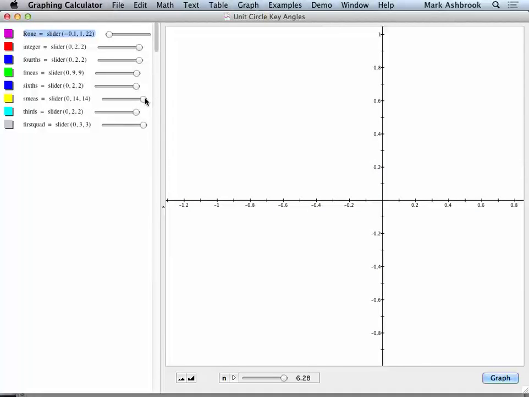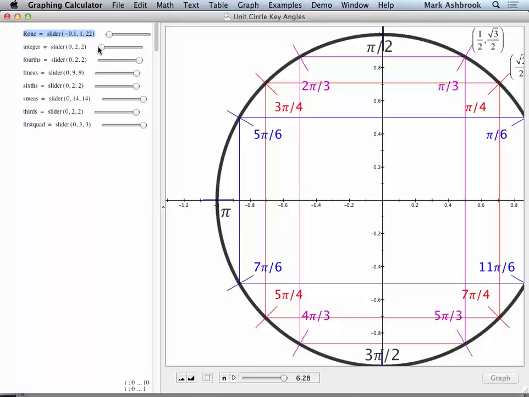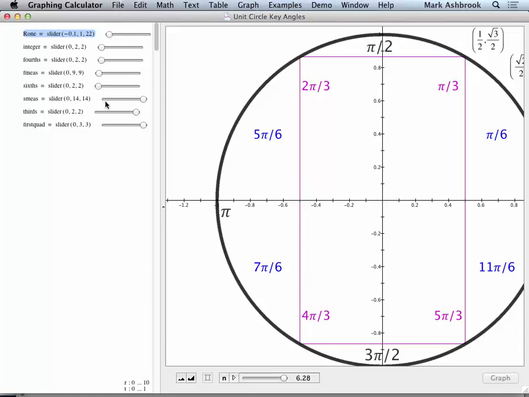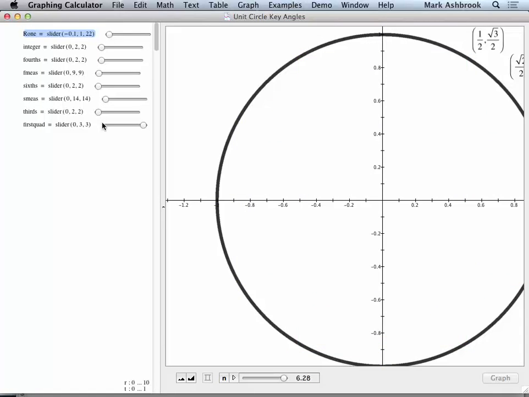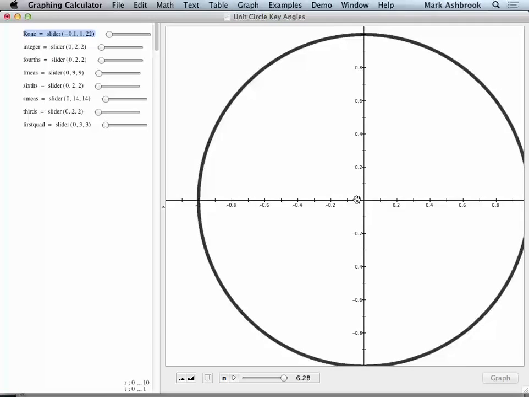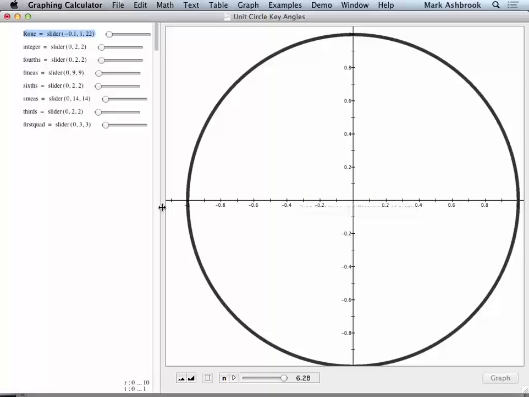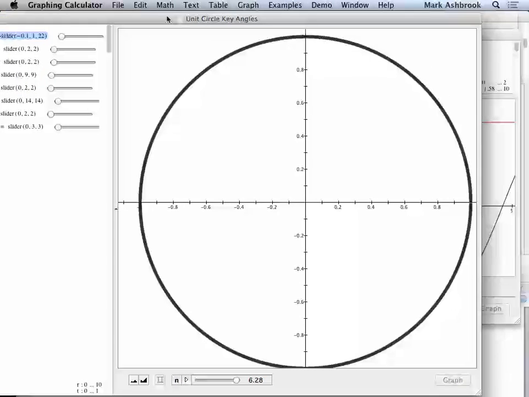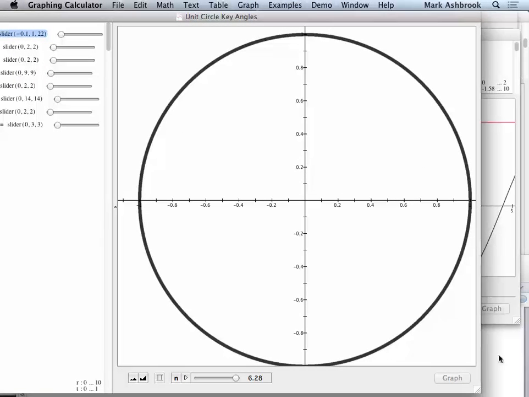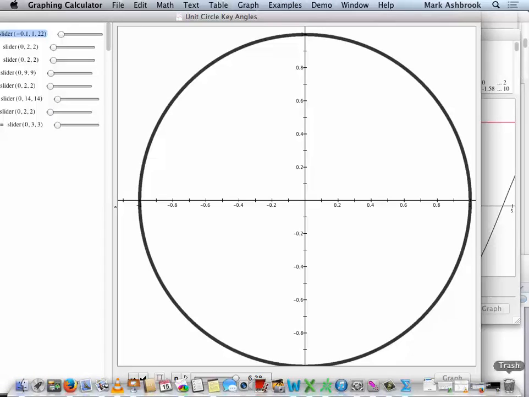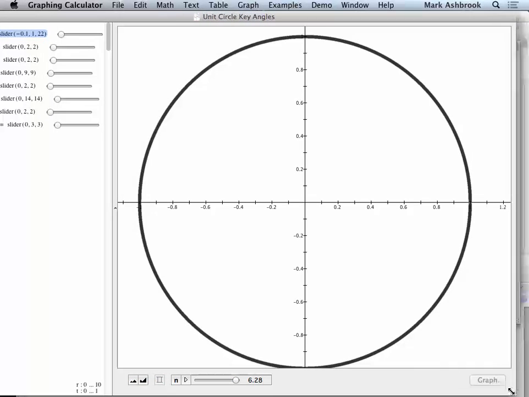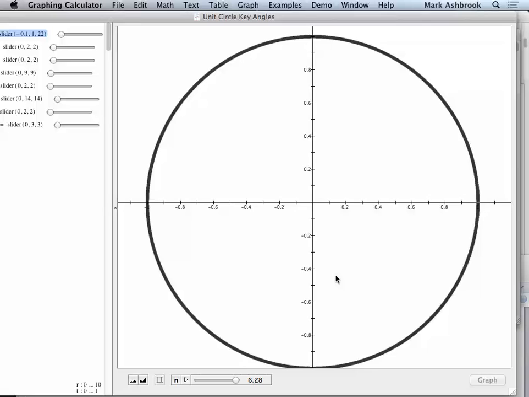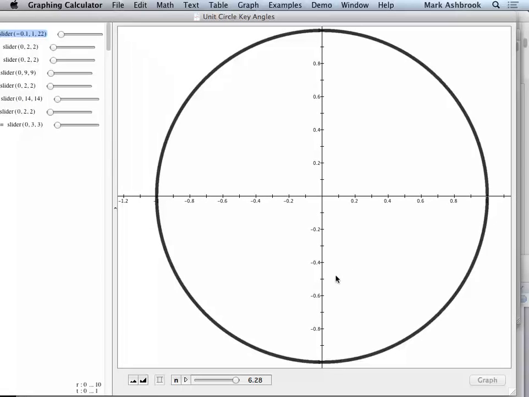So now the math is done. Okay, it starts with the whole number of radians, right?